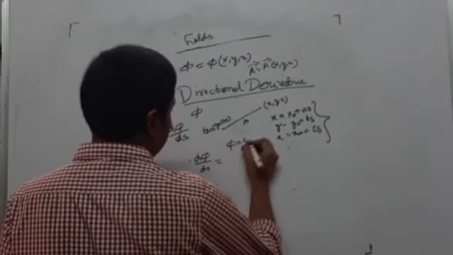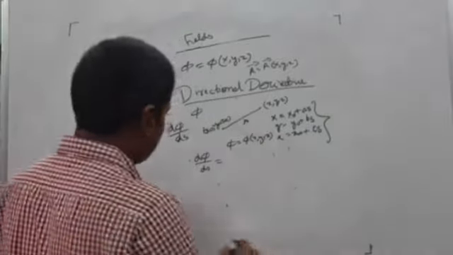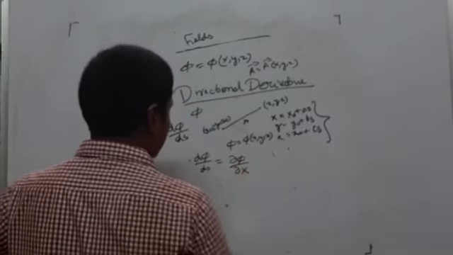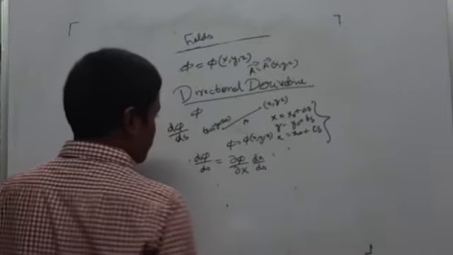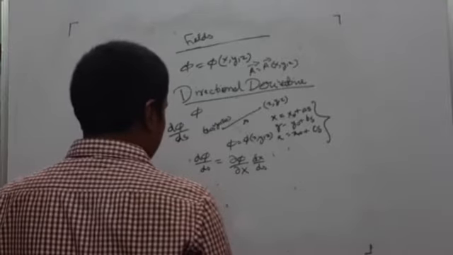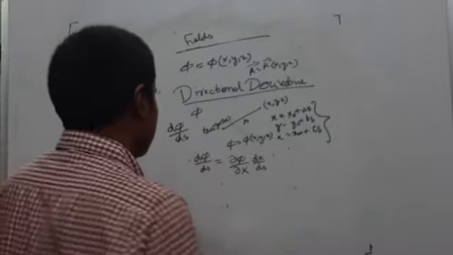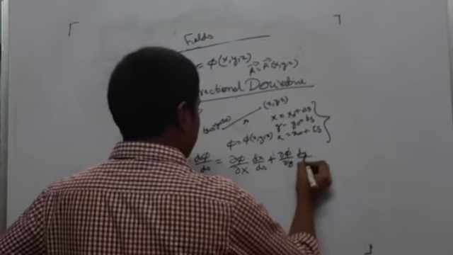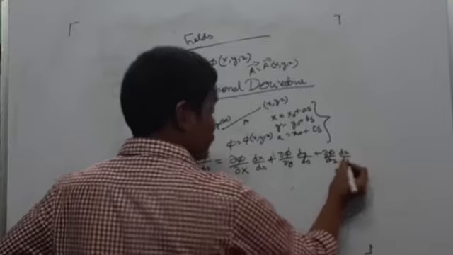Phi is a function of x, y, z, and we apply the chain rule. Del phi of del x times dx ds, followed by del phi of del y times dy ds, plus del phi of del z times dz over ds.